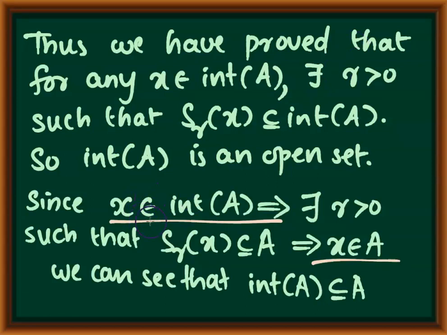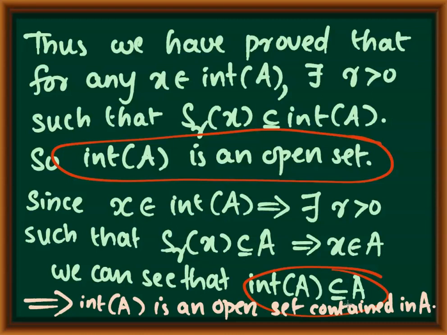Now we know that if X element of interior of A, then an open sphere centered at X will be contained in A. So obviously this point X, which is the center of this open sphere, is also contained in A. So X element of A. Thus we have proved that every point of interior of A will be contained in A. So we can say that interior of A is a subset of A. Thus we have proved that interior of A is an open set and that it is contained in A. So interior of A is an open set contained in A.